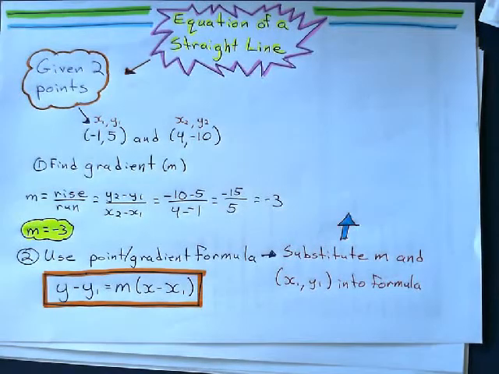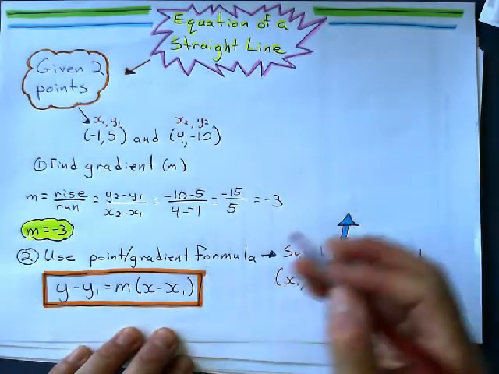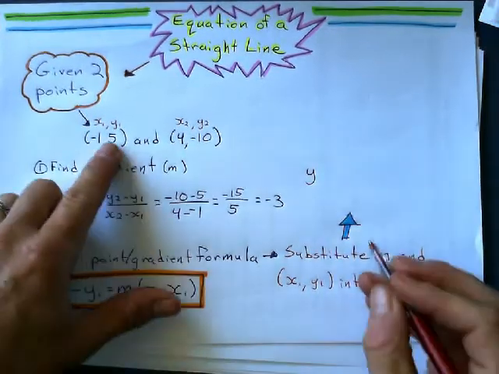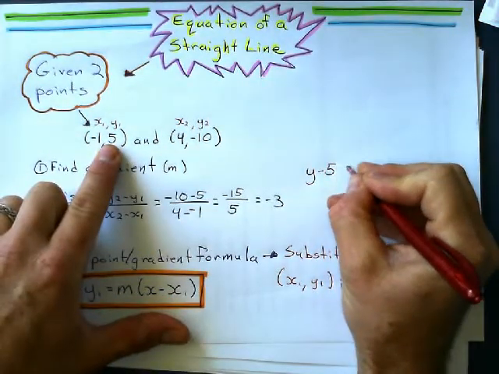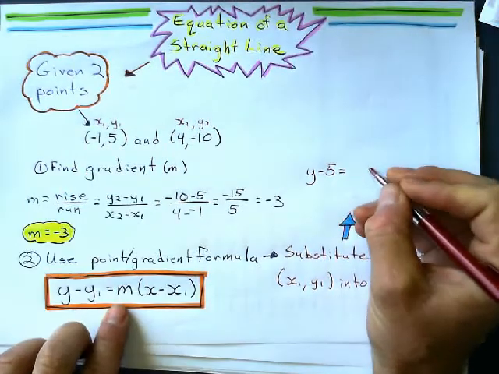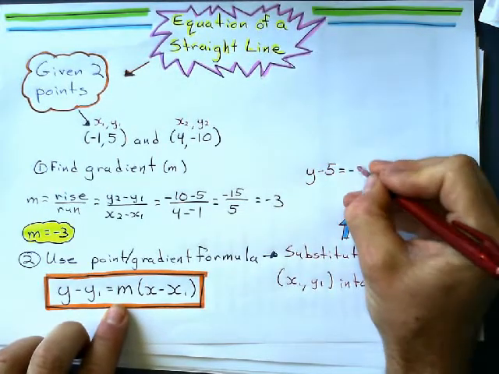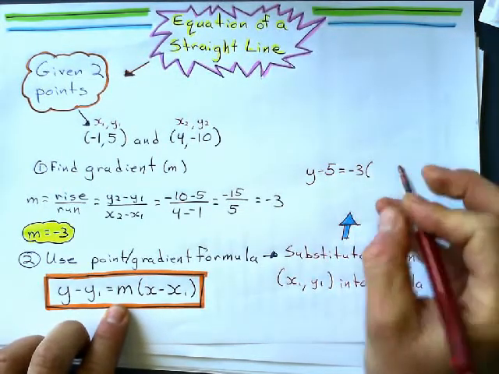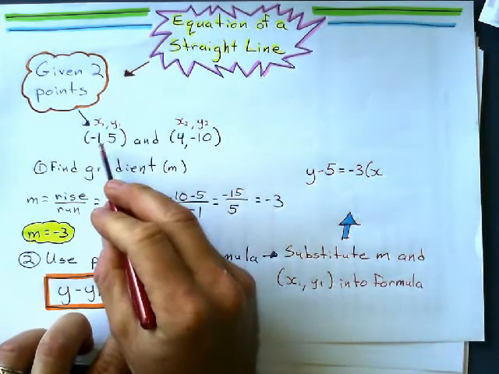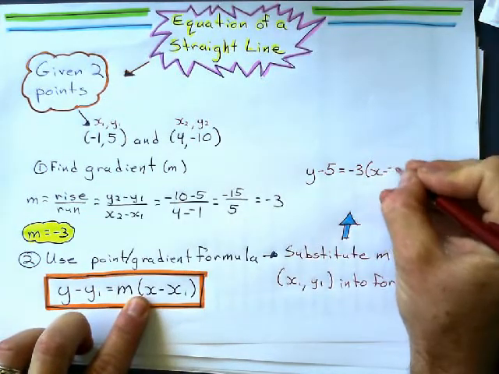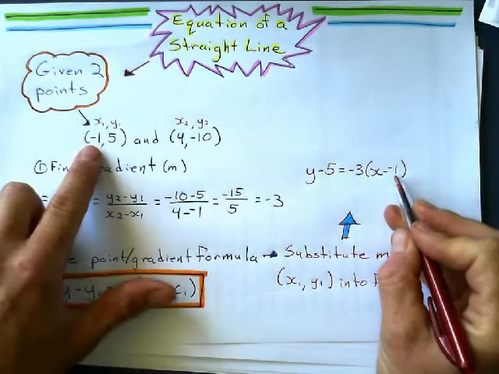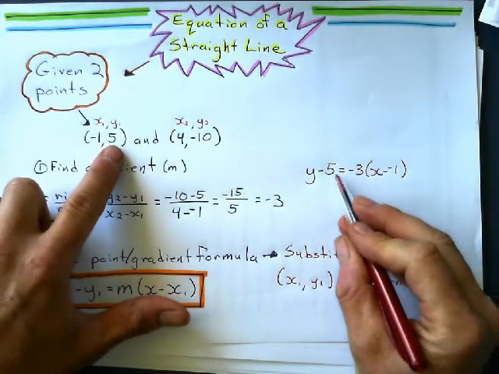So let's check this out. That means y1 is 5. y minus 5 equals my gradient, which is -3, brackets x minus x1, minus -1. So there's x1. There's y1.